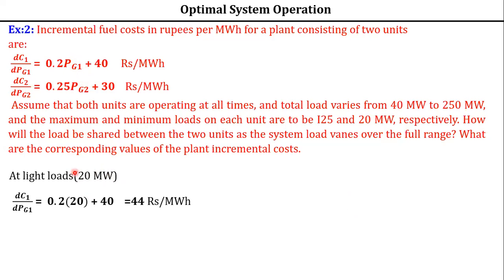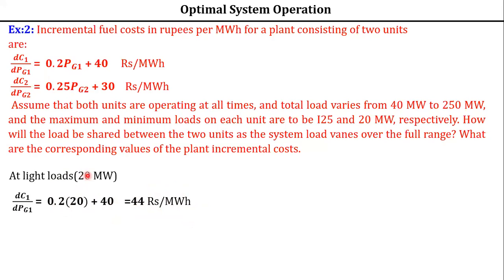That is, the first equation is dC1 by dPG1 is equal to 0.2 into PG1, which is 20 megawatt, plus 40. You substitute it, so you are going to get 44 rupees per megawatt hour. Clear? This is IC, incremental fuel cost. That is nothing but your lambda. Incremental fuel cost is denoted by lambda.